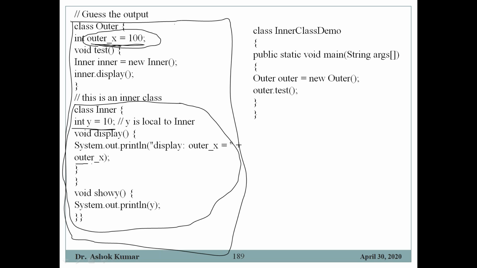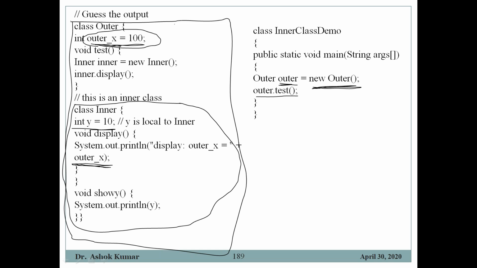This we are doing over here, and we discussed this in the previous example as well. In this program, we are creating the object over here with new outer. This is small o, keep in mind, and the class name starts with capital O. It is possible to give the same name to the class and the variable, but the case is different, because Java is case sensitive, so Java will differentiate between these two.